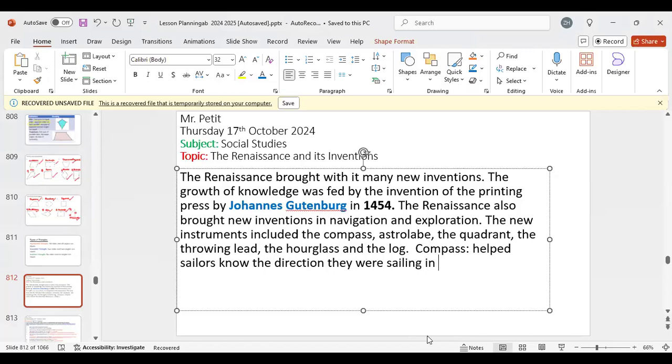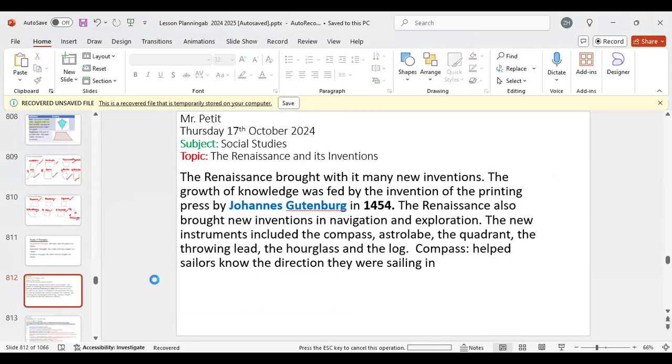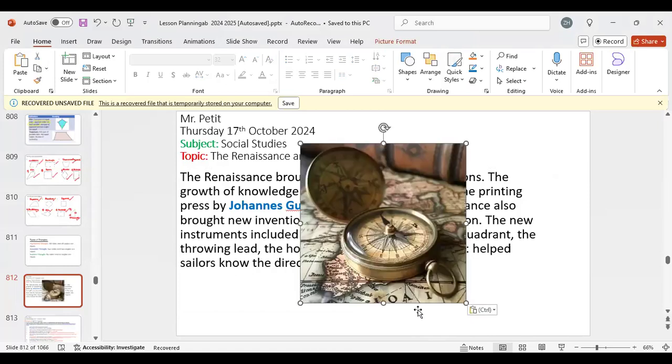And all of you know how a compass looks, right? I don't think everyone knows how a compass looks. The old-time compasses look sort of like this. This is still a modern one.